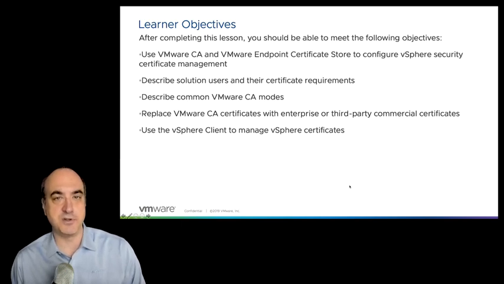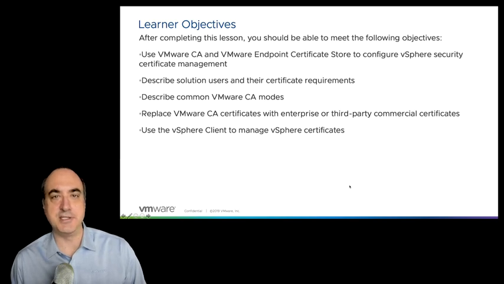And also worth noting, the VMware Certificate Authority has different modes it can run in. It has its default mode, but it also has a couple other optional modes that you might need to configure. And then we'll show you the most commonly implemented method using the user interface. That basically means if we ever needed to replace certificates, what's the process, right?